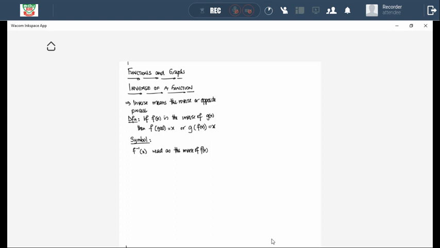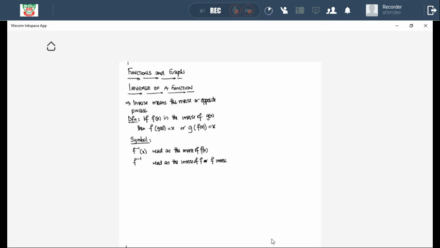Okay, or it can be presented as f inverse like that, which can also be read as the inverse of f in short, or you can just read it as f inverse, something like that.